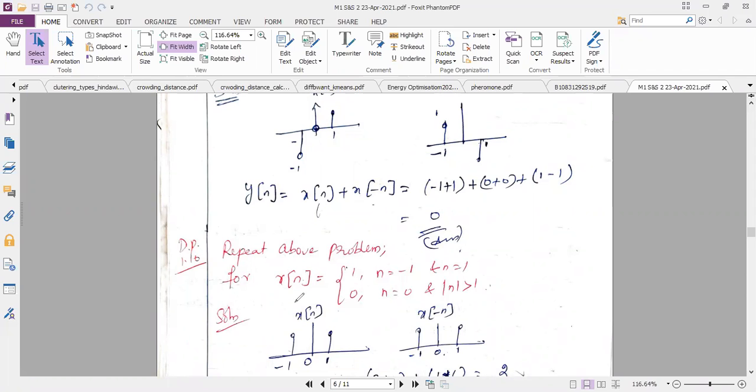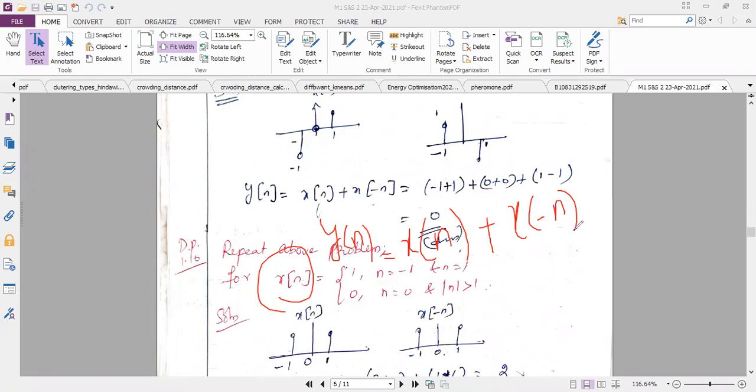Now again I have to repeat the problem. That means I have to find y of n is equal to x of n plus x of minus n. You can write in the question, find y of n is equal to x of n plus x of minus n. So you need to find this. But right now the value of x of n is different.